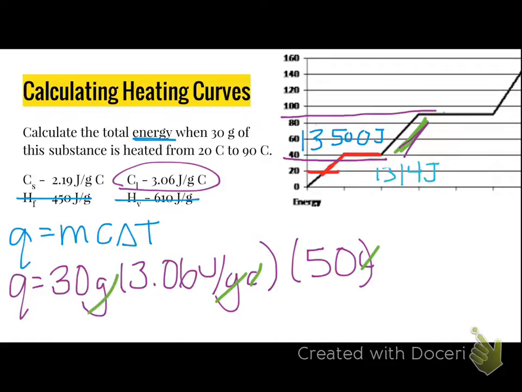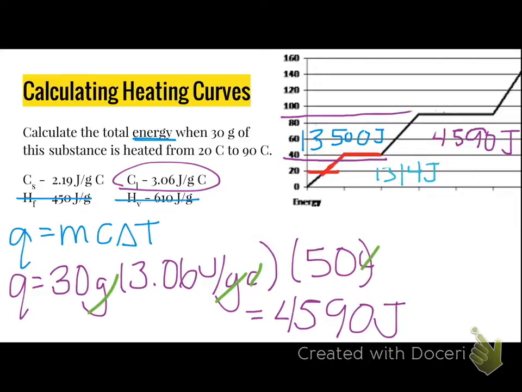We're going to be left with joules, which is what we want here. So 30 times 3.06 times 50 is going to give me 4,590 joules. That's a 9.